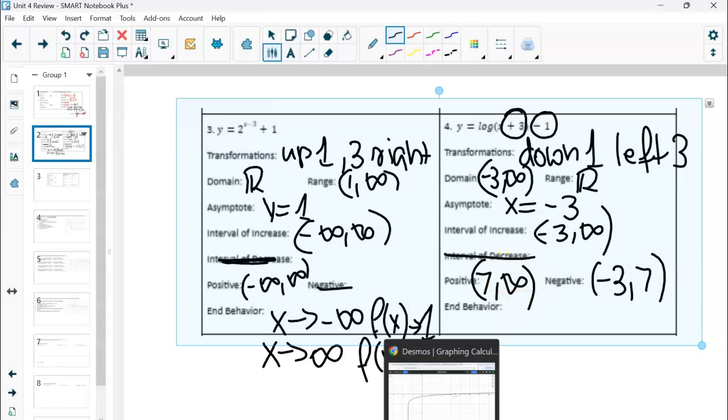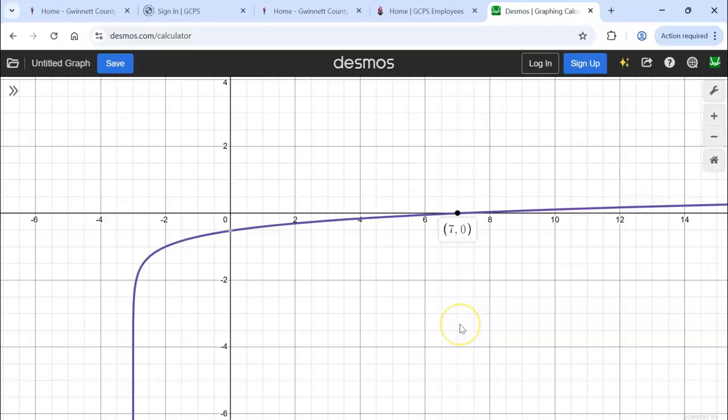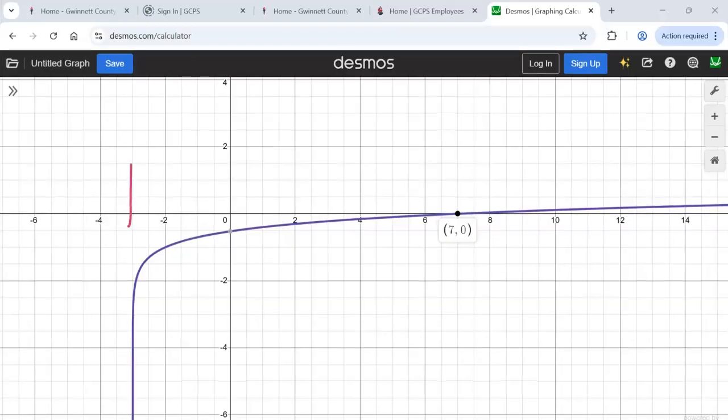And then lastly, we have an end behavior. Again, one side is going to go toward the asymptote, and one side is going to go toward infinity, okay? So right here, it's my asymptote. So that's the negative side. As I am traveling toward my asymptote, that means I'm going to travel down, okay?